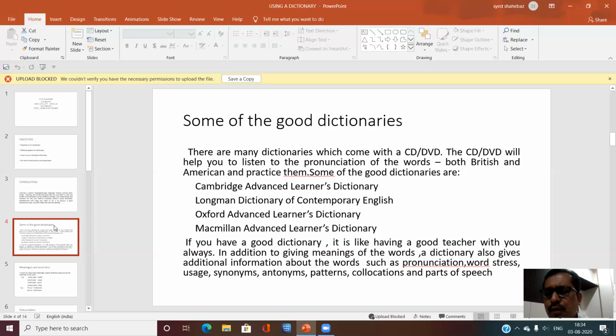These are the four important dictionaries. If you have a good dictionary, it is like having a good teacher with you always. In addition to giving meanings of the words, a dictionary also gives additional information about the words such as pronunciation, word stress, usage, synonyms, antonyms, patterns, collocations, and parts of speech.